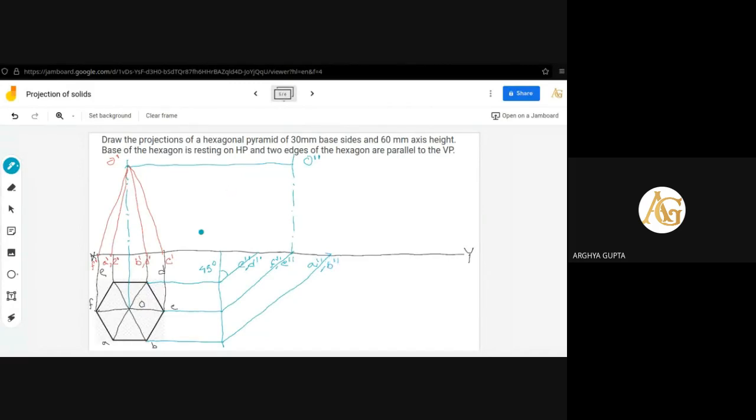Now, again I am saying, see here we have drawn the axis height. Then we have taken the axis height from the projection of O, but the edges F and C are coinciding with the axis, and when the observer is viewing from this side, the edge OF will come in front of the axis line.